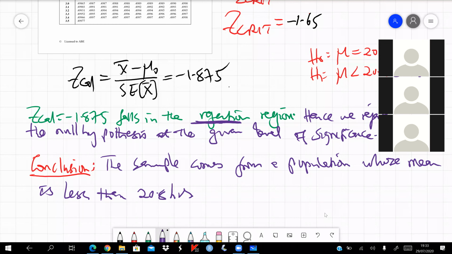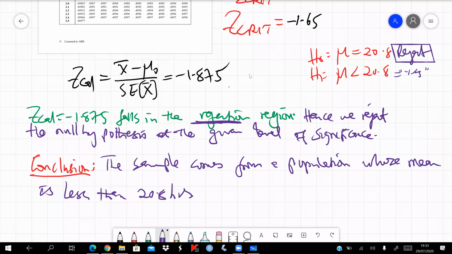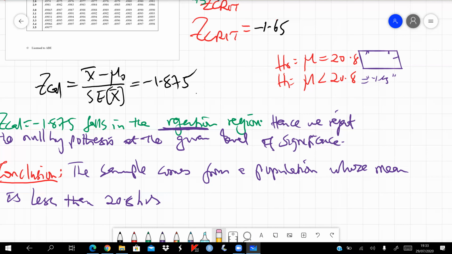The sample comes from a population whose mean is less than 20.8. This is how you look at it. We have rejected this statement or this hypothesis. Once you do that, it means that you have done that also here.